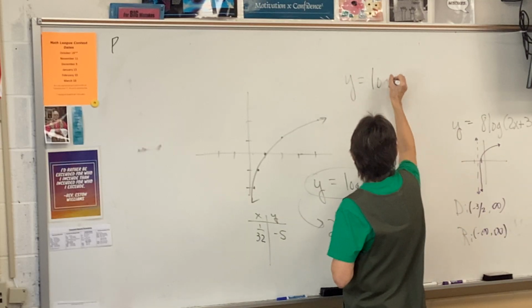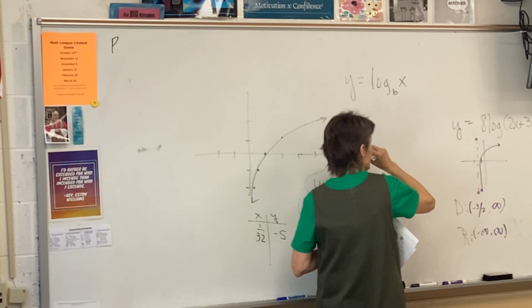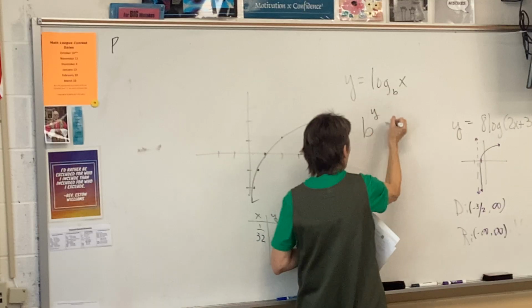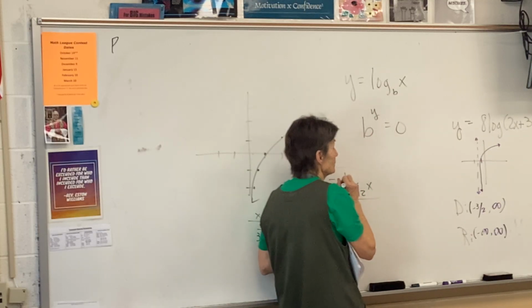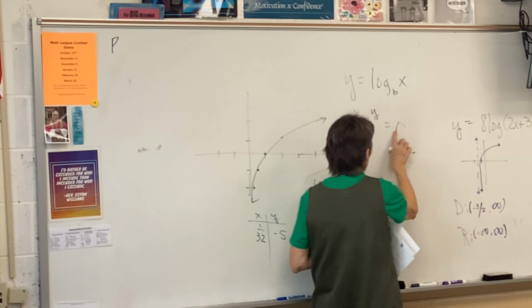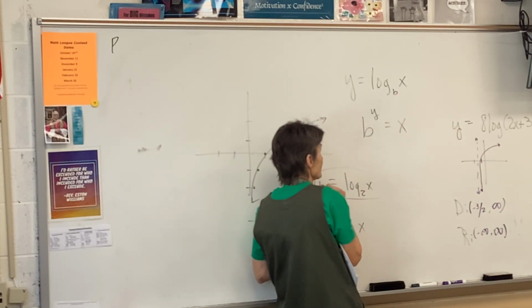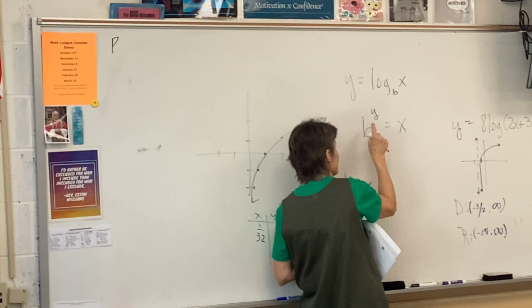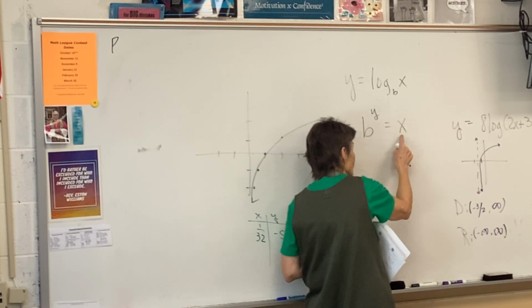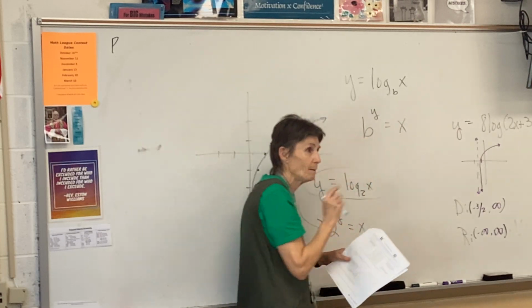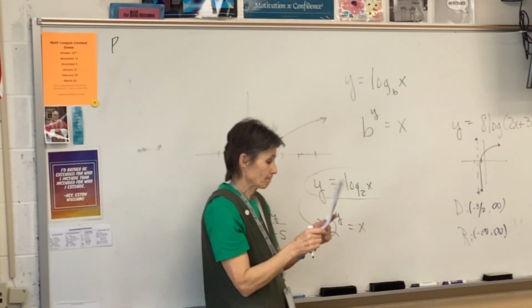because I don't know what their base is, but b to the y equals x, sorry about that, b to the y equals x. If you put a 0 in for y, wouldn't you get a 1 for x no matter what? Yeah.